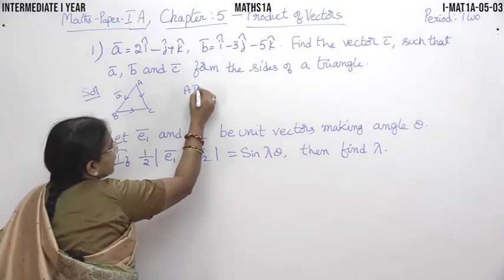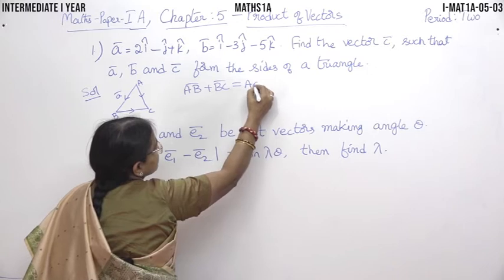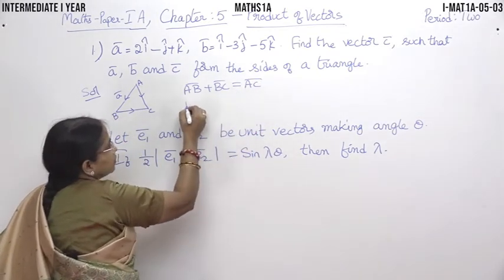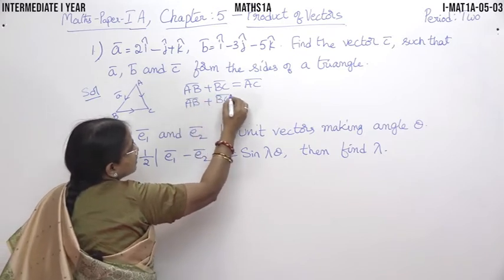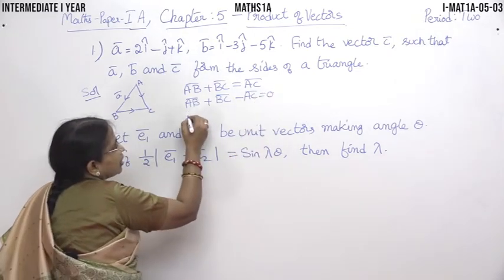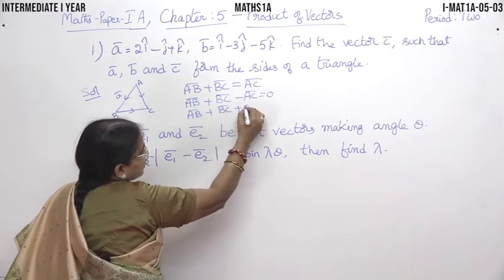Now see, suppose AB plus BC is equal to AC. This is the triangle law of vectors. Now if we bring this to this side, then you have AB plus BC plus minus AC is equal to 0, or AB plus BC plus CA.